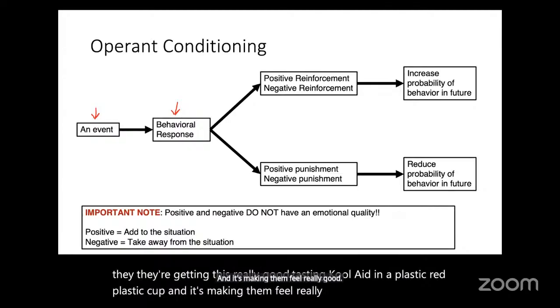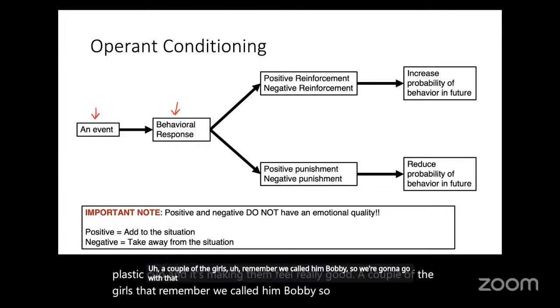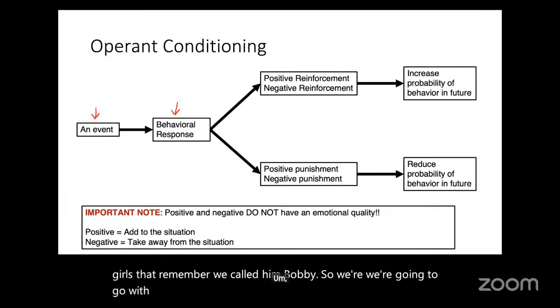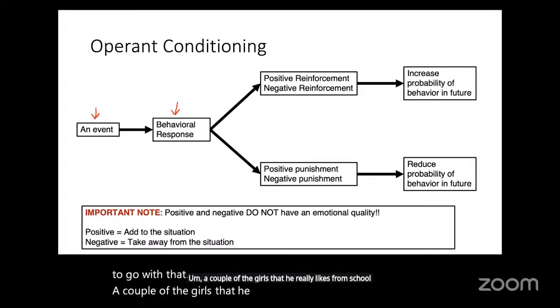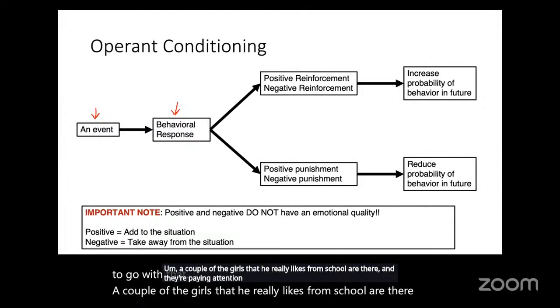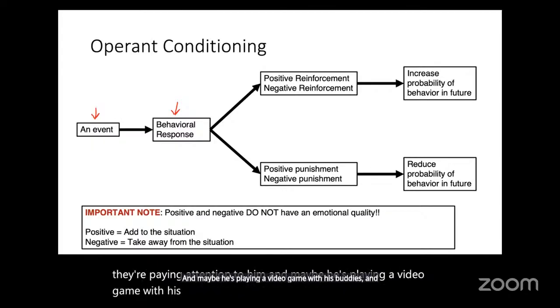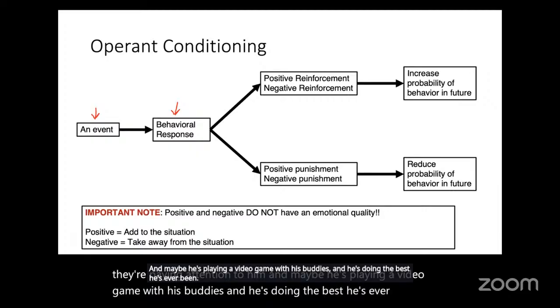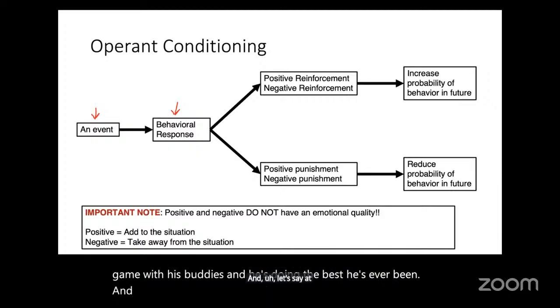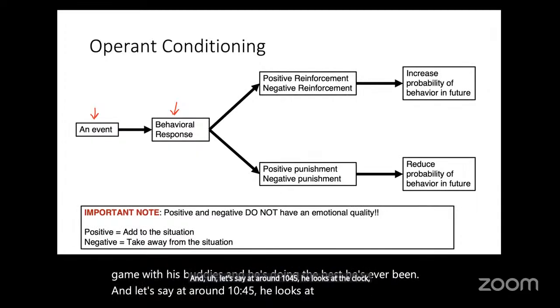A couple of the girls, remember we called him Bobby, so we're going to go with that, a couple of the girls that he really likes from school are there, and they're paying attention to him. And maybe he's playing a video game with his buddies, and he's doing the best he's ever been. And let's say at around 10:45, he looks at the clock and what decision is he going to make?